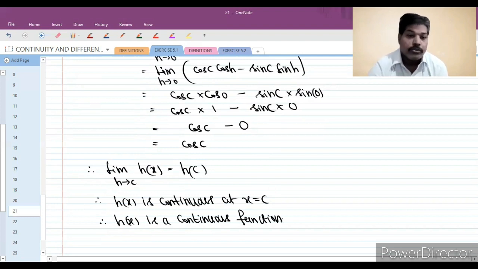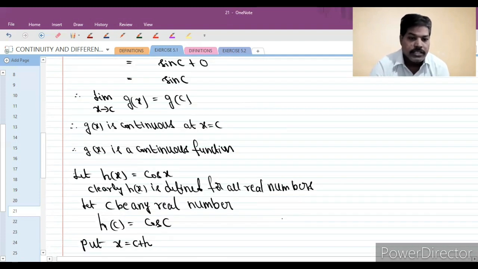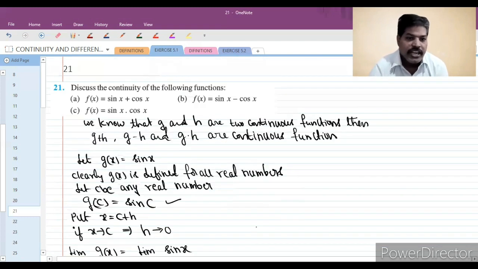So we have proved that sin x is a continuous function and cos x is a continuous function. From what you already know, if g and h are continuous, then g plus h is continuous, g minus h is continuous, and g into h are continuous functions.